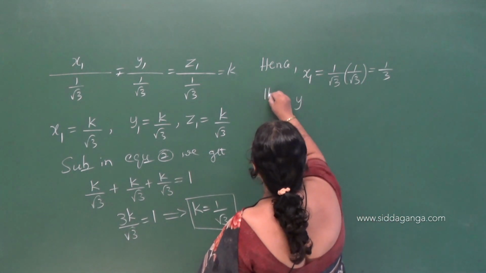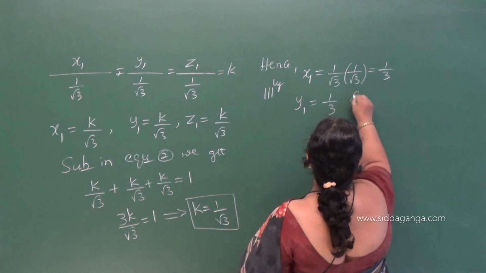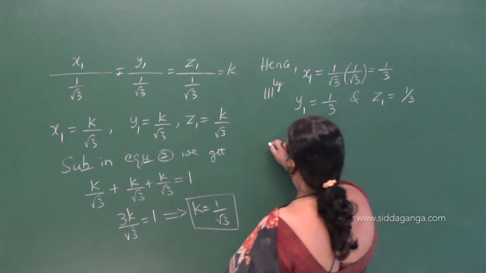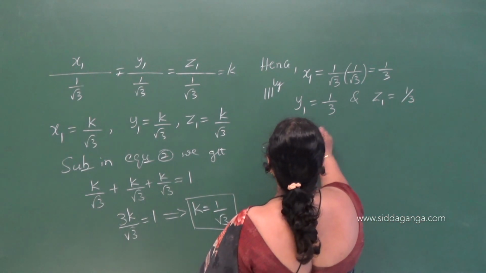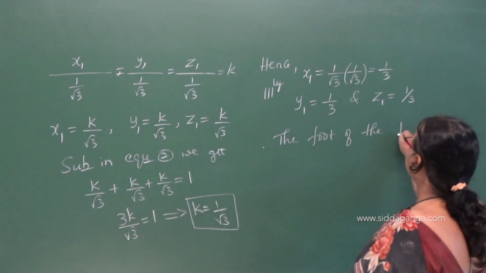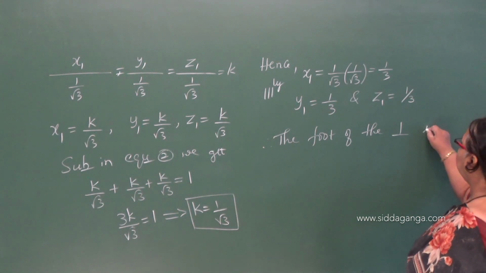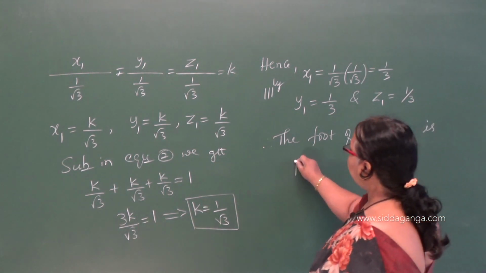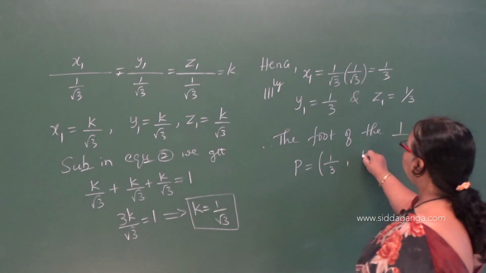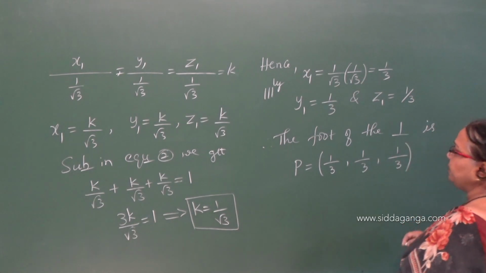Similarly, y1 equal to 1 by 3 and z1 equal to 1 by 3. Therefore, the foot of the perpendicular is P equal to (1 by 3, 1 by 3, 1 by 3).